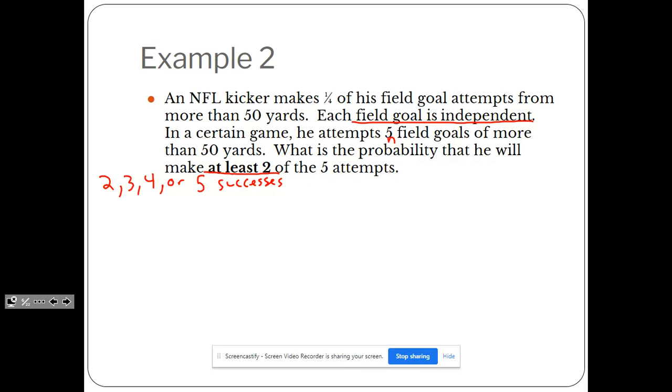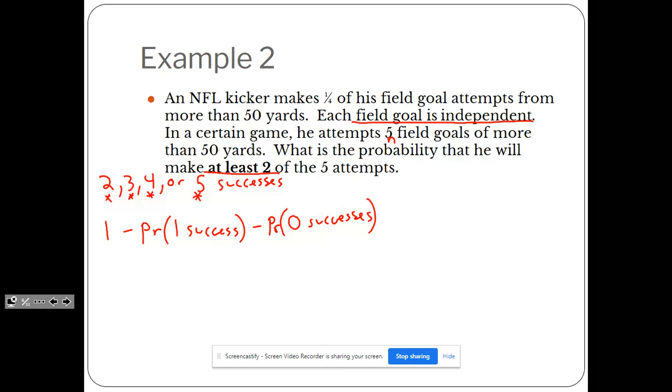Okay, so meaning we would have to do the formula for each one of these. Obviously, that would take a while, right? You'd have 4 different things you'd have to work out. It's a little easier if we think about when we had things that were at least. If I do 1 minus the probability of what we don't want, so that means 1 success minus the probability of no successes.